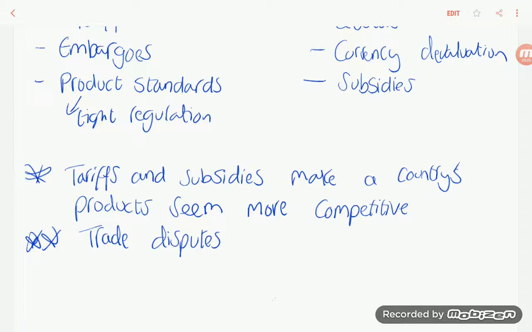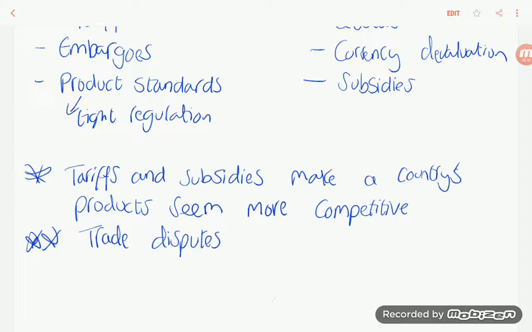Some of these policies that I've noted above, particularly tariffs and subsidies, can be used to make a country's products seem more competitive. That is, by making domestic products seem relatively cheaper. Also, I want to point out that trade disputes occur when one country or trading bloc is seen to be acting unfairly when trading internationally.